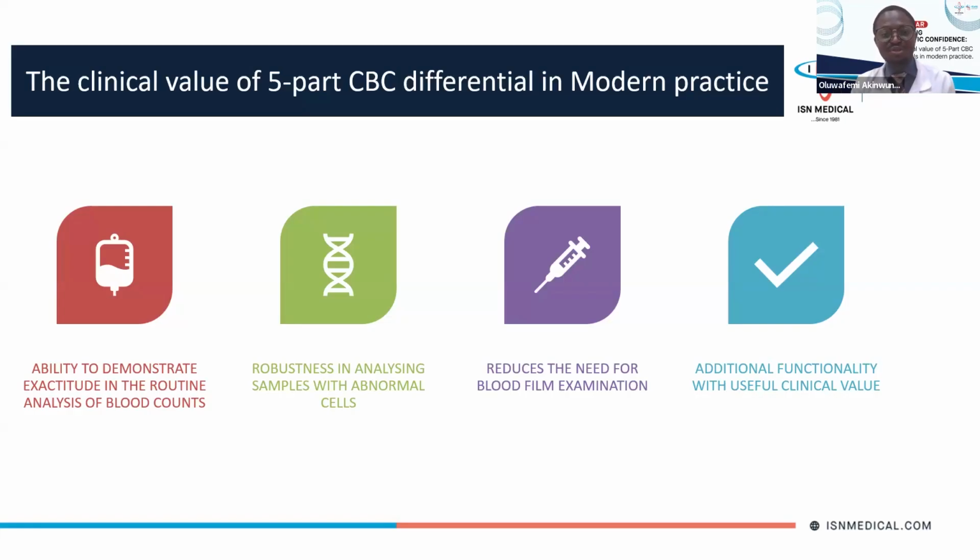What you just see is lymphocytosis on a regular analyzer, but they're actually non-hematological cells. So the advanced 5-part analyzer has an additional flagging system to be able to say, okay, these are abnormal cells going through the system, and then you can also look further into that.